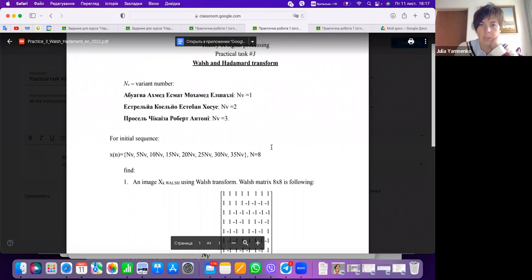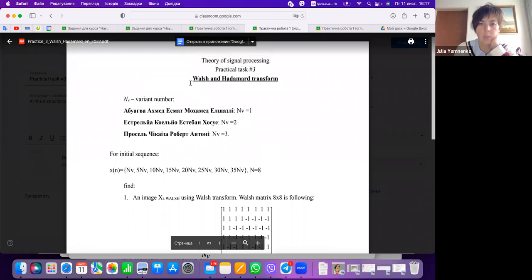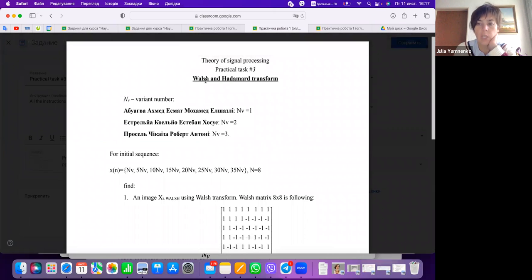This practical task is devoted to the spectral transform of Walsh and Hadamard that we already considered, and that are already in a presentation uploaded to Google Classroom. But anyway, all necessary information for the calculation is here in the file named practical task number 3.